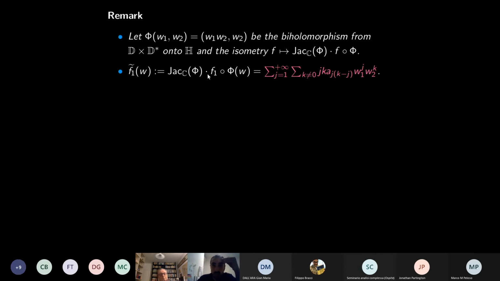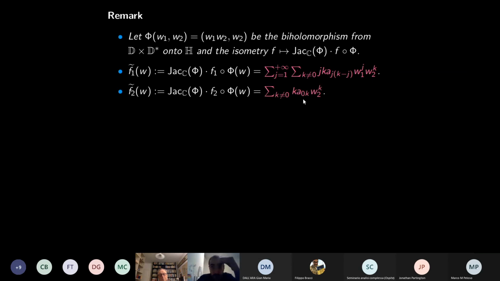So f1 tilde, where we applied this isometry to the derivative f1 of the function on the Hartogs triangle, gives jk times a_j,k minus j, where this is the coefficient of the function on the Hartogs triangle, and w1^j, w2^k. So here we have something like the radial derivatives on both the first and the second variable.